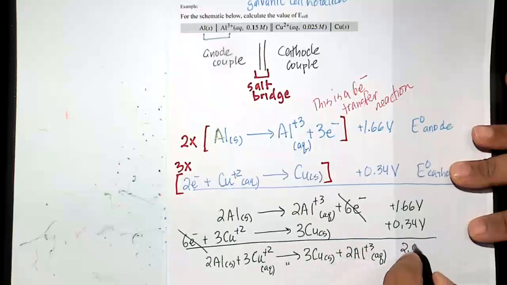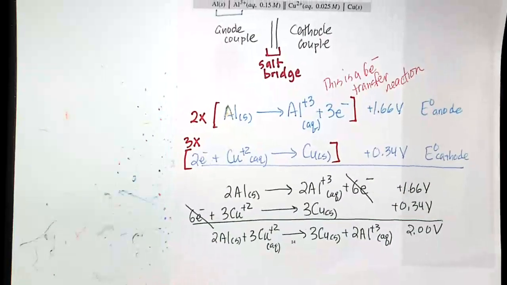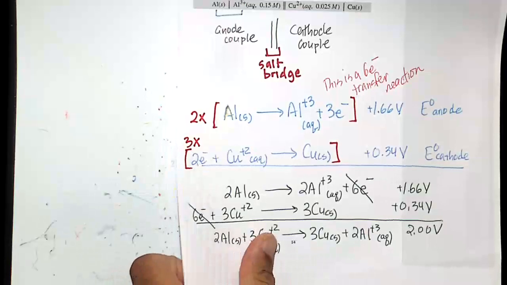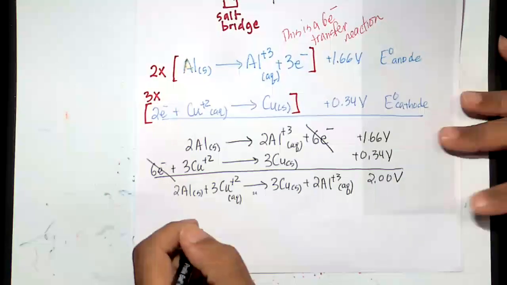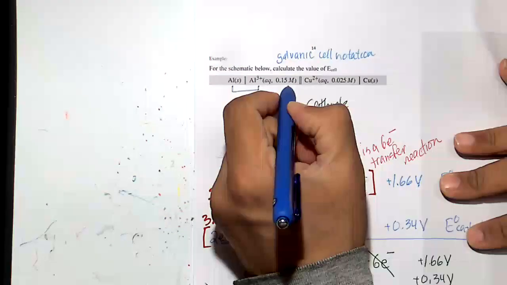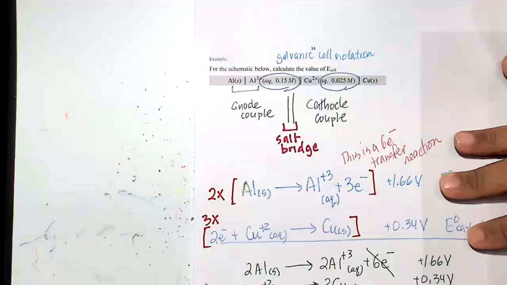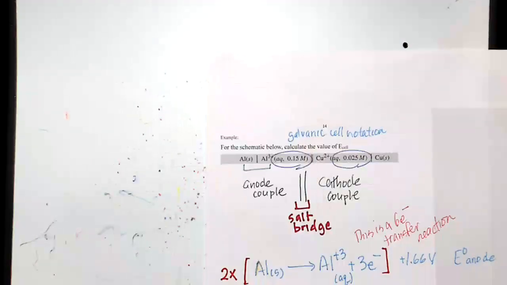And this is coming out to 2 volts. Okay, nice, a 2-volt battery between aluminum and copper. And then we'll use the Nernst equation now to figure out what is the actual voltage at this concentration, 0.15 molar, and that concentration, 0.025 molar.